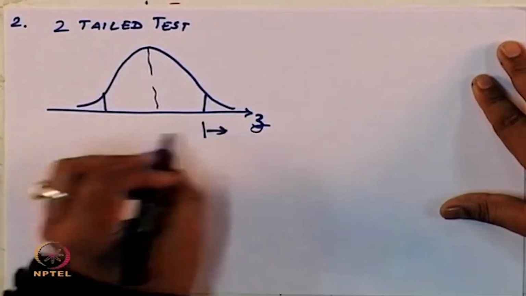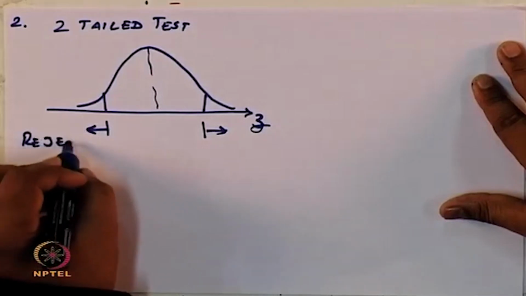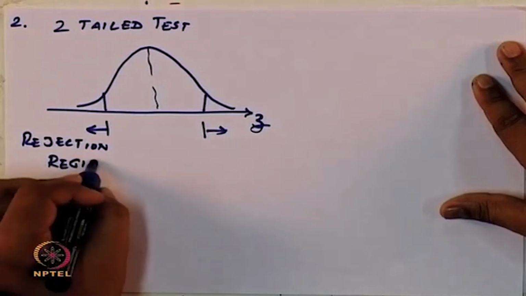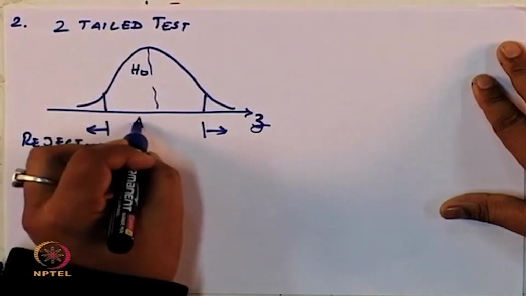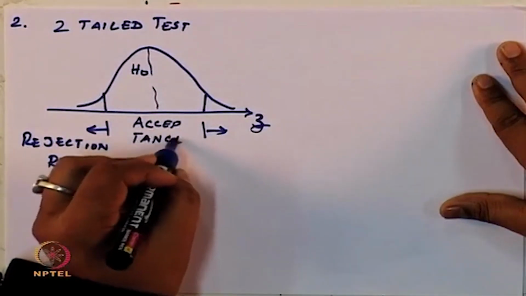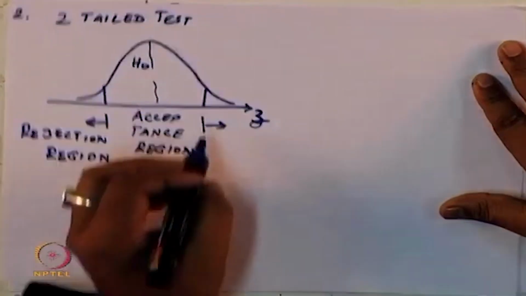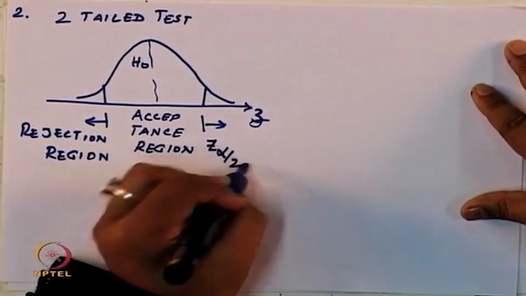So, this is the rejection region. And here H naught is true. So, this is the acceptance region. So, these values or the critical values are referred to as z of alpha by 2.